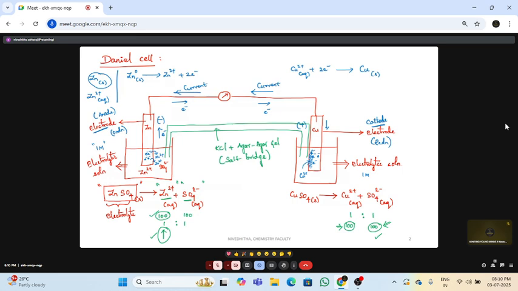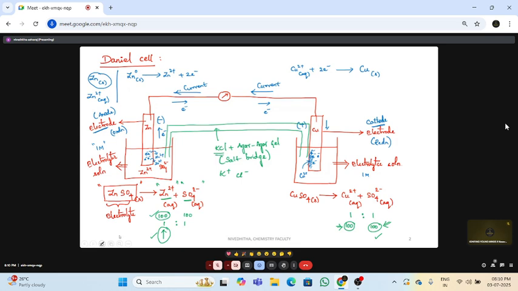See, here in the salt bridge, I have potassium chloride salt. So how will this potassium chloride salt get dissociated? K+ and Cl-, right? Whenever in zinc sulfate solution the zinc ion concentration is increasing, that is the cation concentration is increasing, we have to maintain the neutrality.